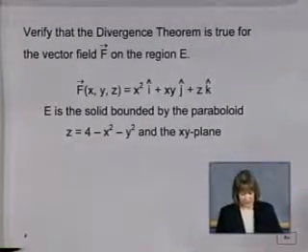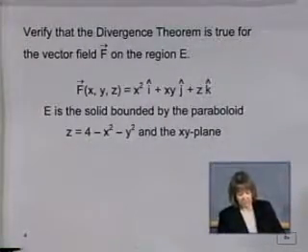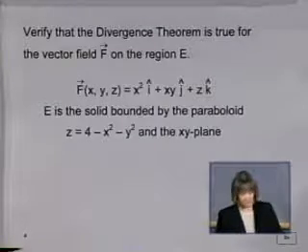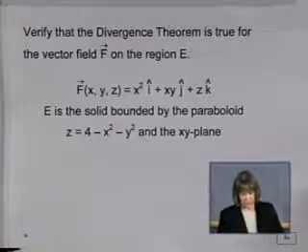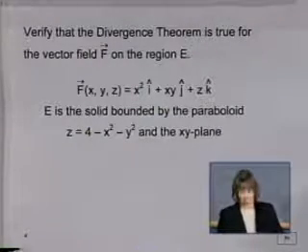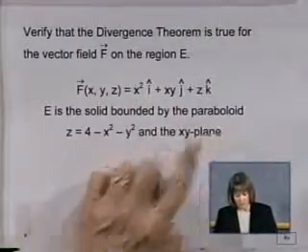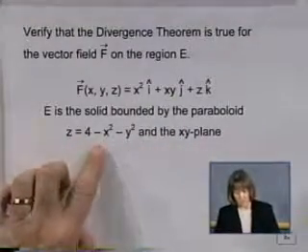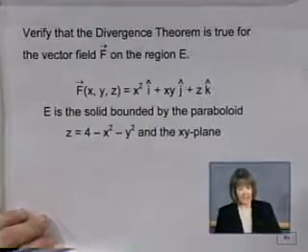Now, in this one, they want us to verify that the divergence theorem is true for the vector field F on the region E, where F is given as x squared i plus xy j plus z k. And E is the solid bounded by the paraboloid z equals 4 minus x squared minus y squared and the xy plane.